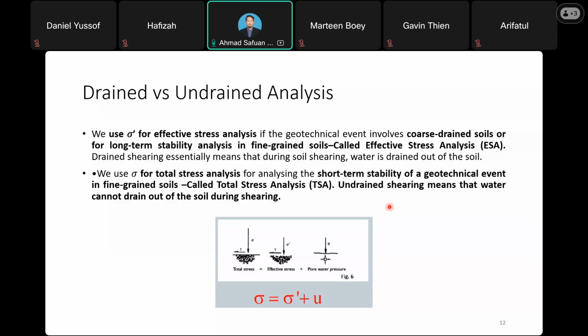So that is considered short-term stability. Usually we use the total stress concept.